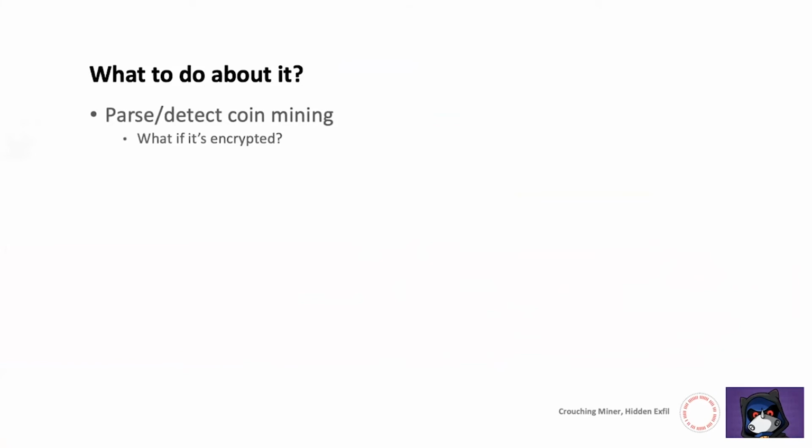And so my overall point is not that you should be scared about specifically coin mining or that you should be scared at all. You should just be cognizant of the fact that it's possible to use analyst assumptions against them so that you can repurpose potentially unwanted or nuisanceware to do something malicious.